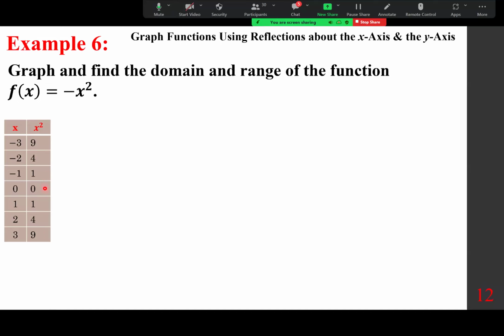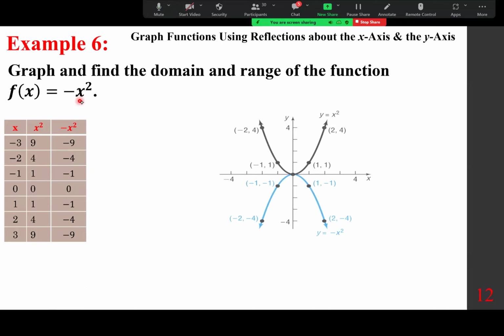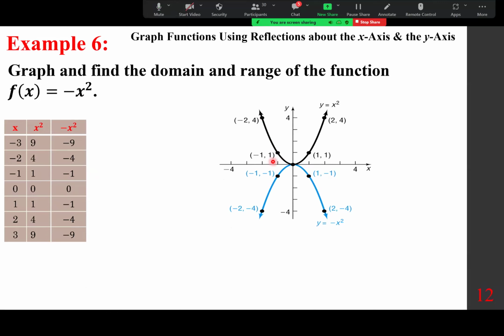So -9, -4, -1, all of them change sign. And if you were to graph it, this is y equals x squared, and this flips over with respect to the x-axis. We have the same x coordinates, but the y coordinates change. See, 1, 1 becomes 1, negative 1; 2, 4 becomes 2, negative 4, and so forth.